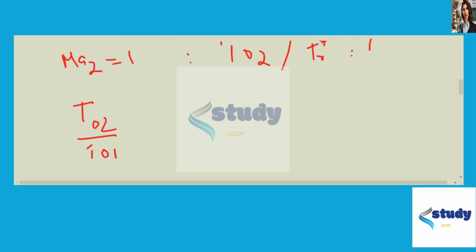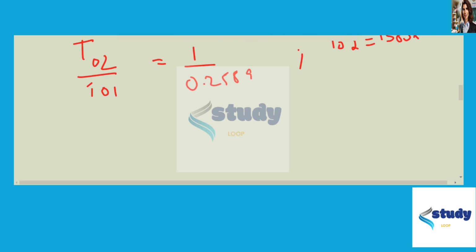We have to find T02 upon T01, which equals 1 upon 0.2559, and T02 equals 1583 Kelvin. Considering this, we see that Q max, the same value for Q, is approximately 1188. I hope you understand.